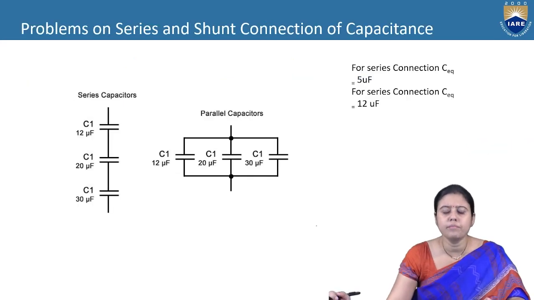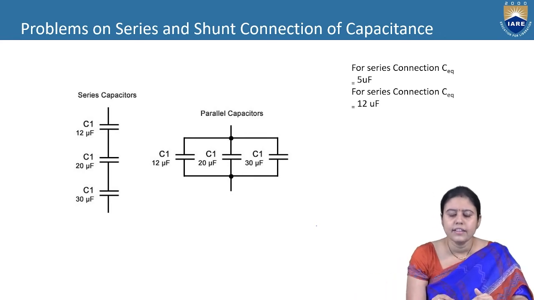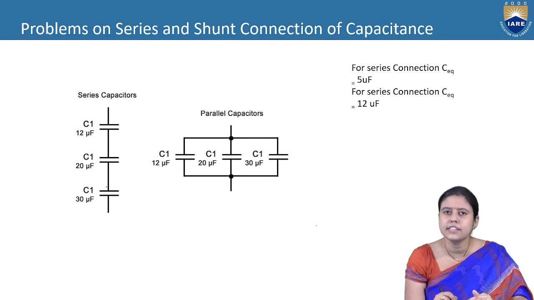Let's solve a problem. So you can see in the one case there are three capacitances. These three are connected in series. How to understand series? If we think the current is flowing, the same current is flowing through the three capacitors.